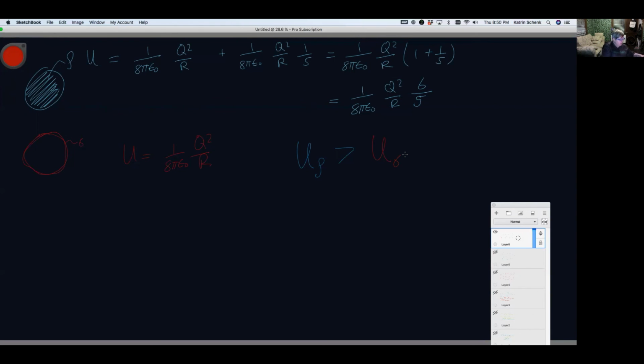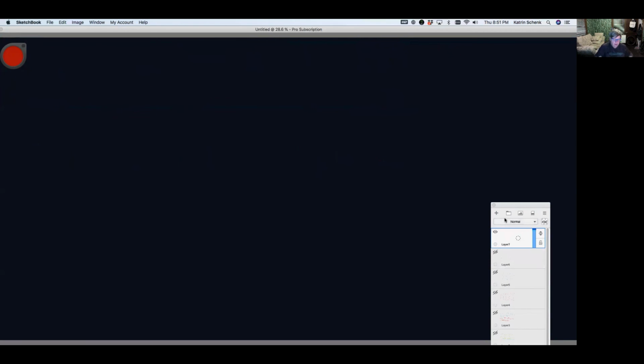And then we have one more thing to cover real quick. It's very short. So I'm going to get a new layer, and we'll go to our nice yellow orange. Let's think about surface charge and the force on a conductor.